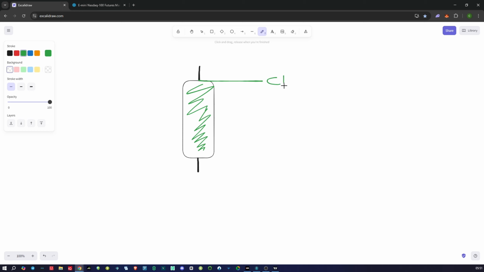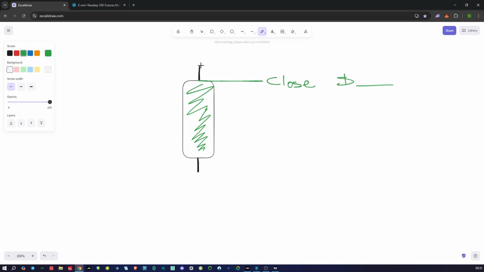That's the close price of this minute. So the last transaction or trade that happened in this minute was at this price level. That would give you a price level.